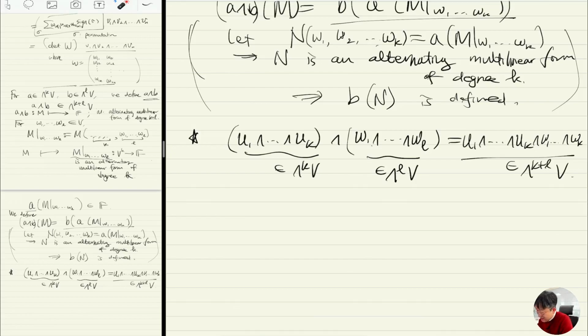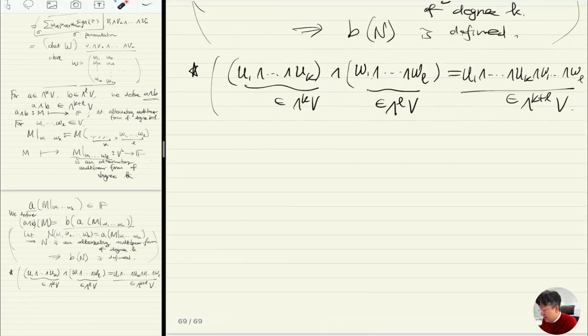Why? Because we are evaluating the first K arguments to be U1 up to UK, and the last L arguments to be W1 up to WL, right? So this is what we have. So the wedge product between the two vectors, one from the K-th exterior power and the other from the L-th exterior power, is well defined.